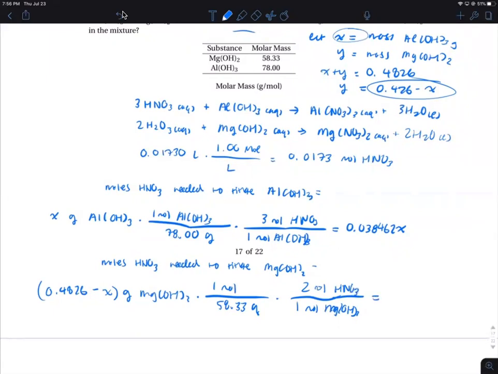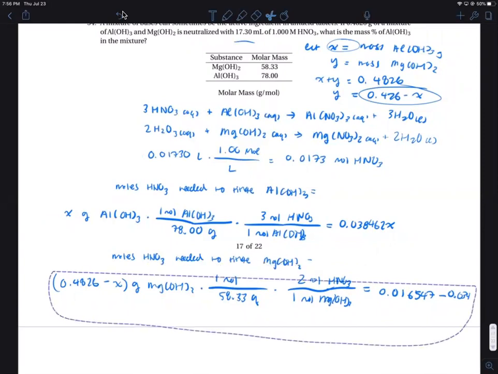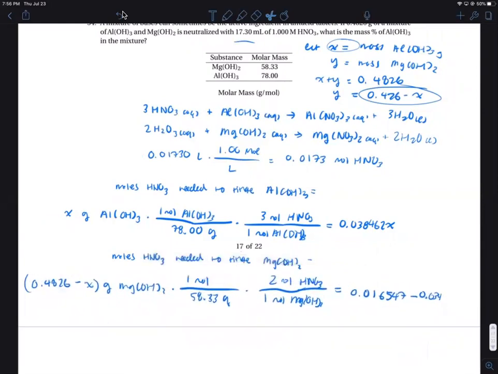So that gives us this expression. If we simplify everything, we get 0.016547 minus 0.03428x.